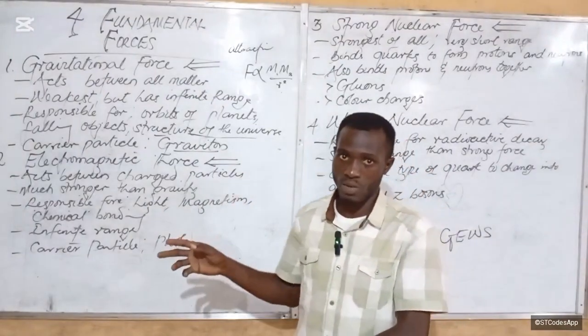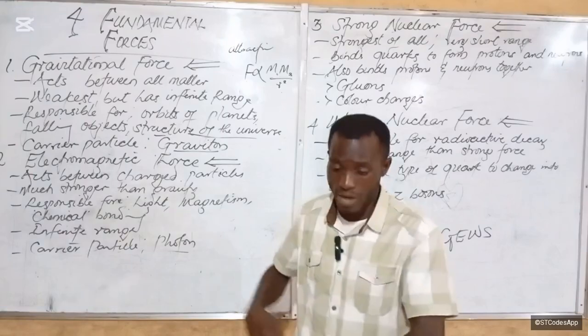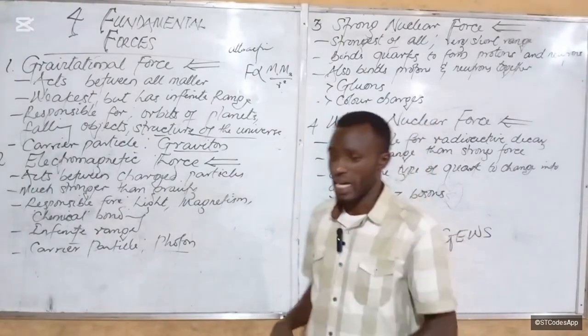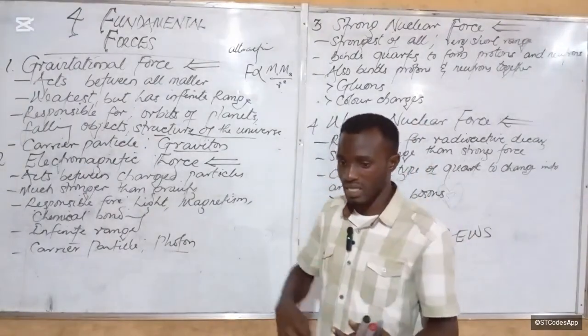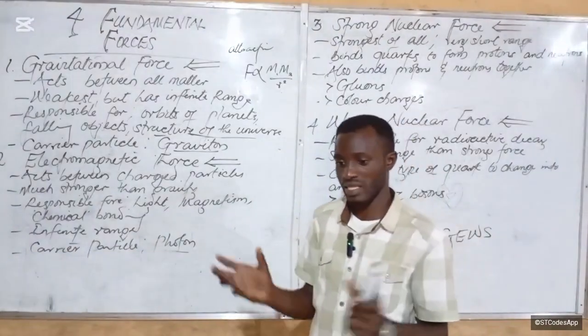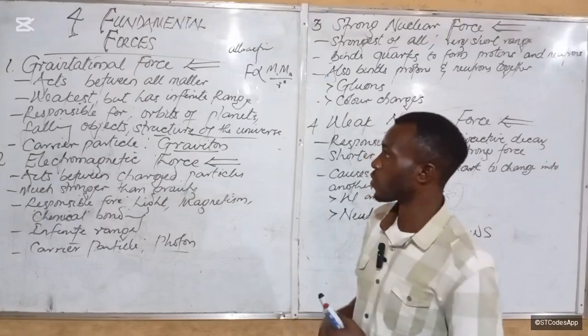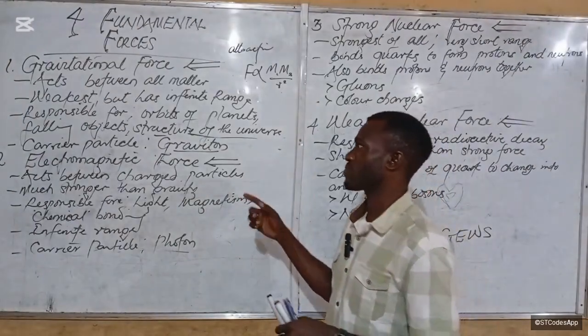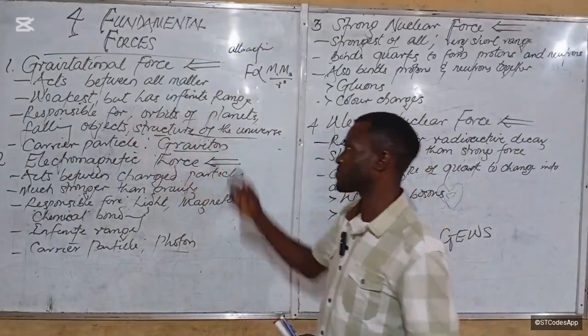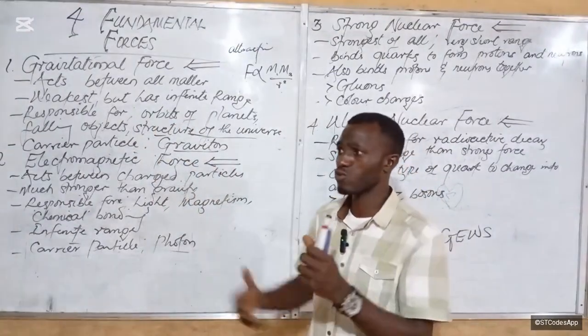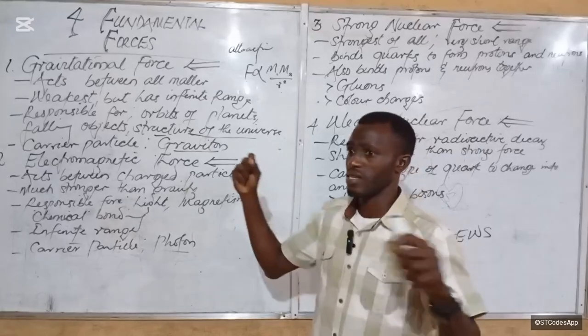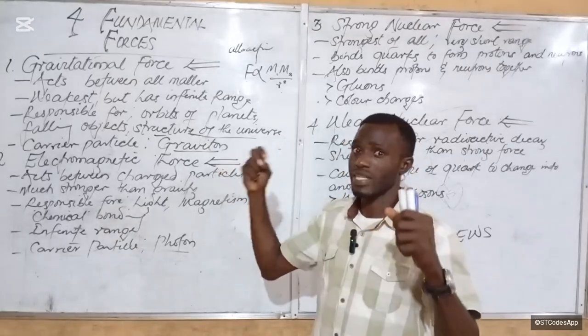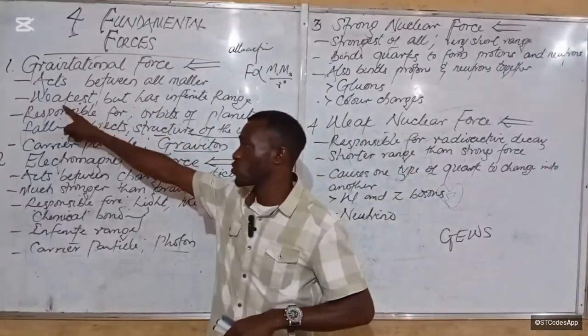In this case, we are talking about the planets, which move around the sun and are pulled towards the center formed by the sun. So my point is that it has an infinite range. It pulls objects together, no matter how big the object is, even though it is the weakest force.